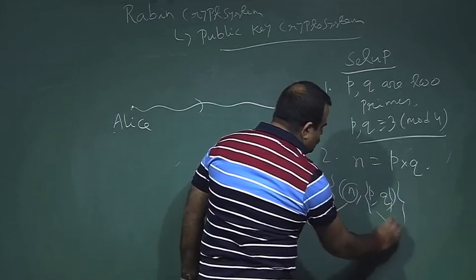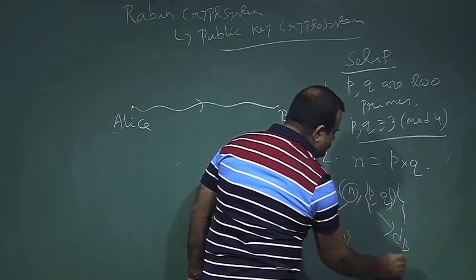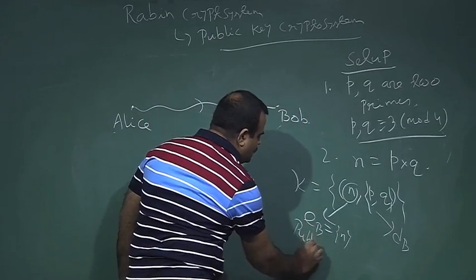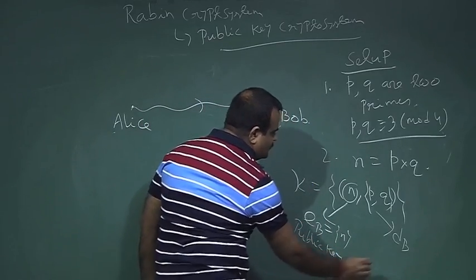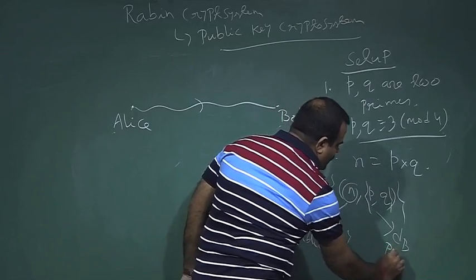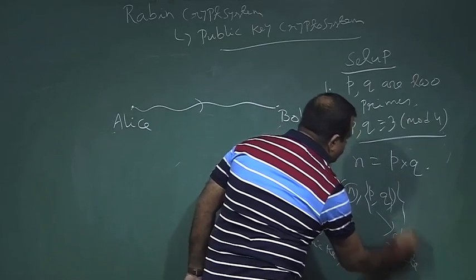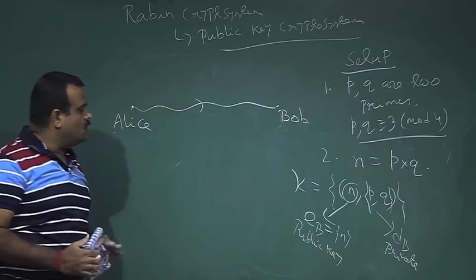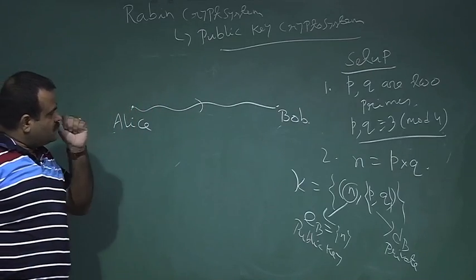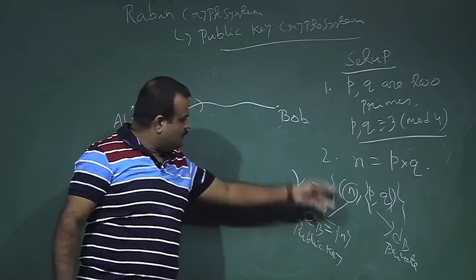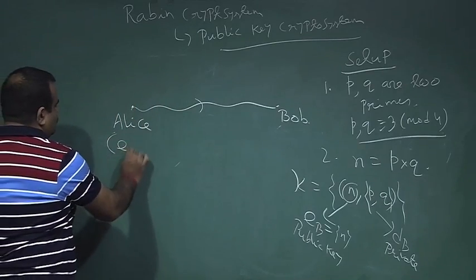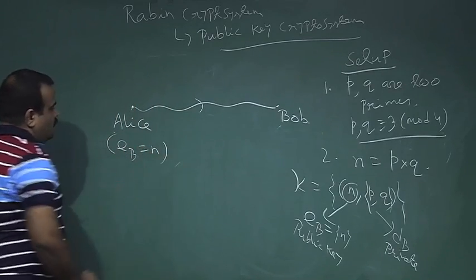So, Bob keeps p and q to himself, and Bob makes this n public. So, Alice will be knowing this n, Bob's public key.